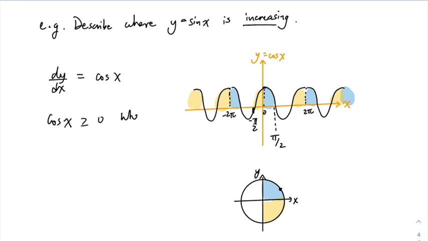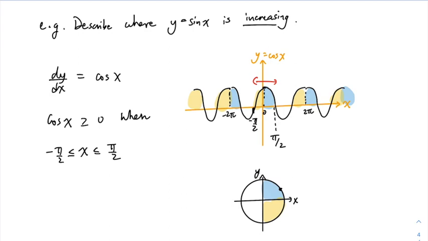So cosine x is bigger than or equal to 0 when, and I think that there are many ways to do this, one way to see it is, well, it's clear, and you can kind of see it from the graph. You can also see it from the diagram below. It's clear that cosine x is positive or 0 from negative pi over 2 to positive pi over 2. So in the interval from negative pi over 2 to positive pi over 2, it's clear that cosine x is bigger than or equal to 0.